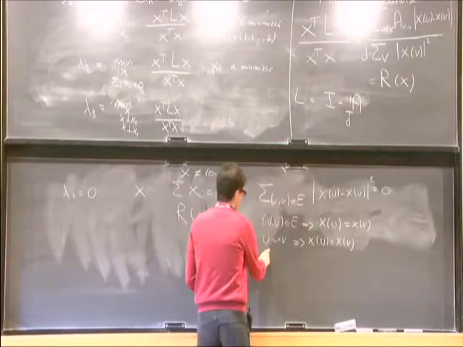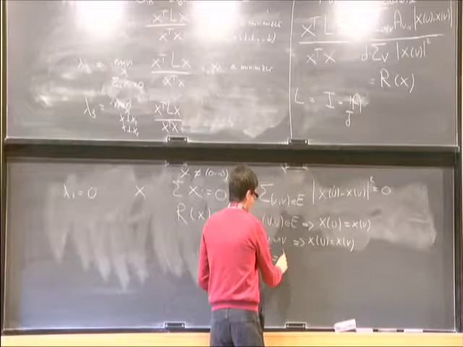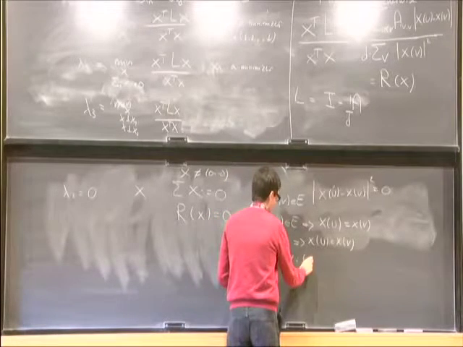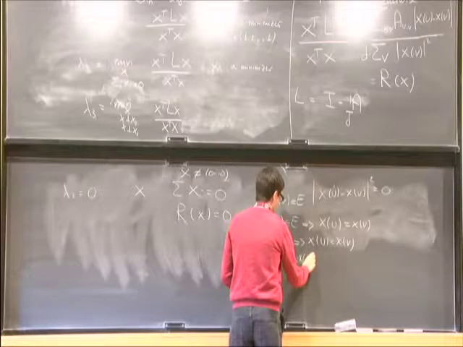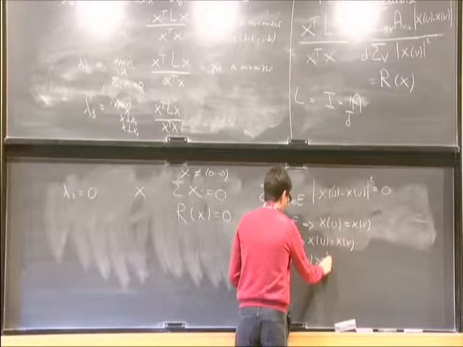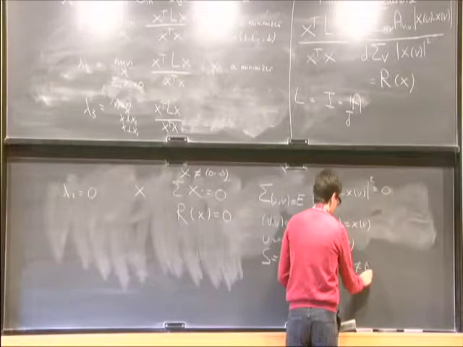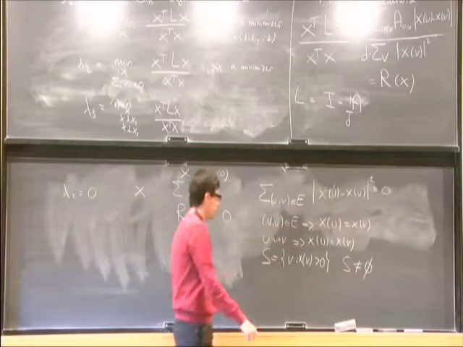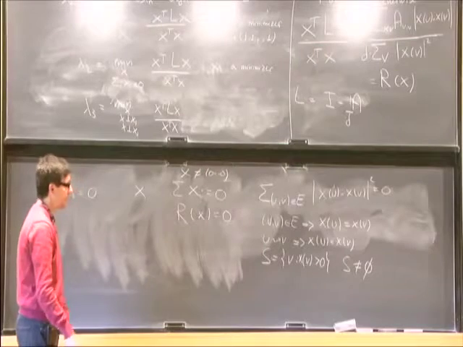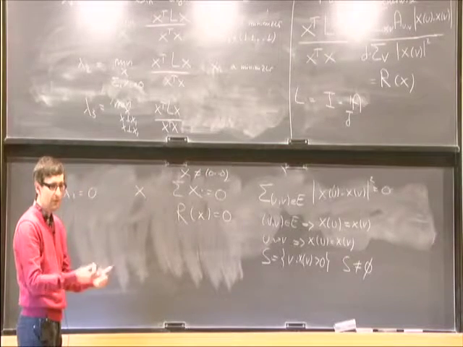So if we pick S to be all the vertices whose entries in x are positive, S will be a non-empty set, and it will be disconnected from the rest of the graph.